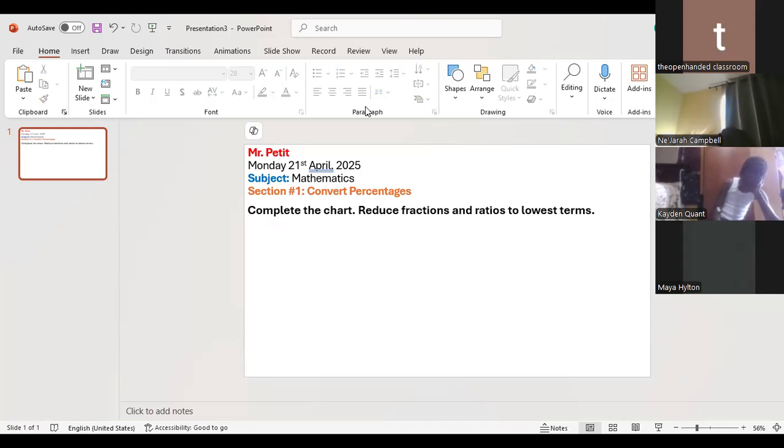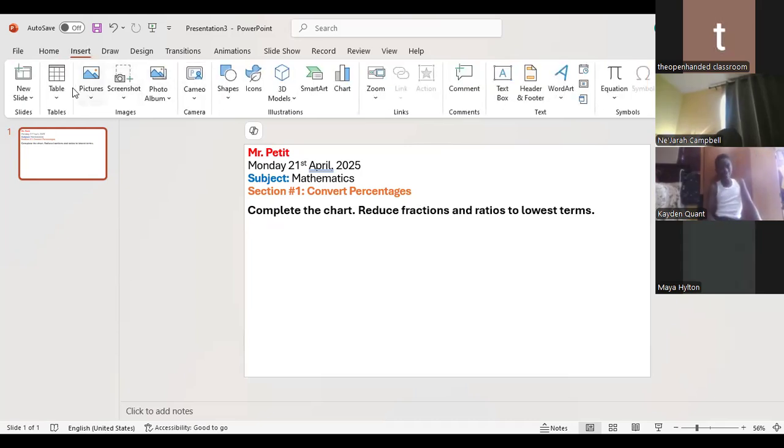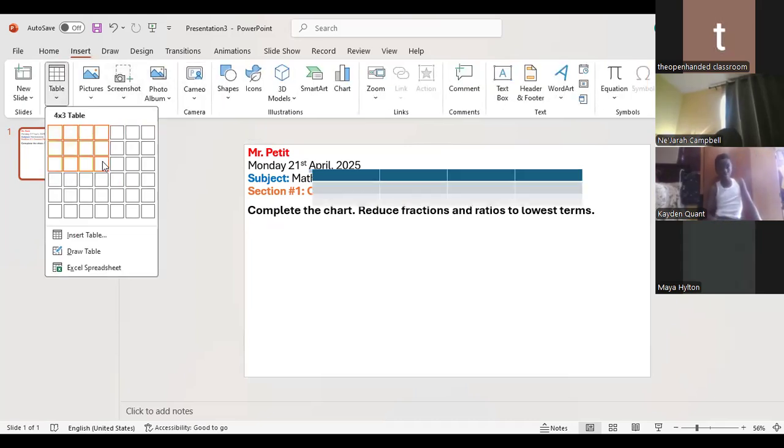All right, so there's the chart. My chart is going to be like this. Let me go ahead and have my table ready. It's going to be 4 rows and 4 columns.